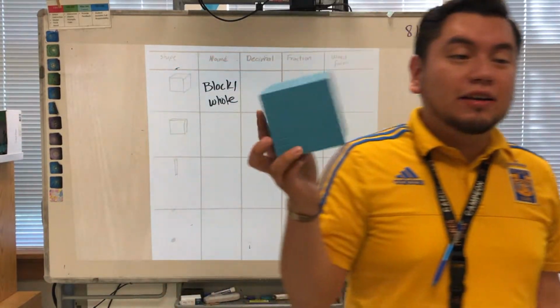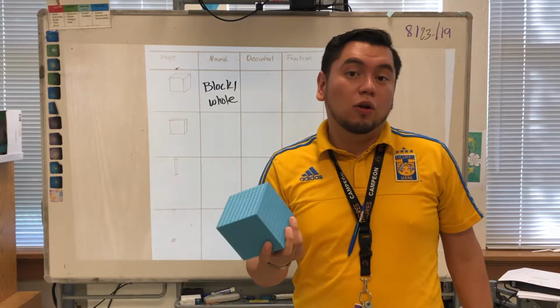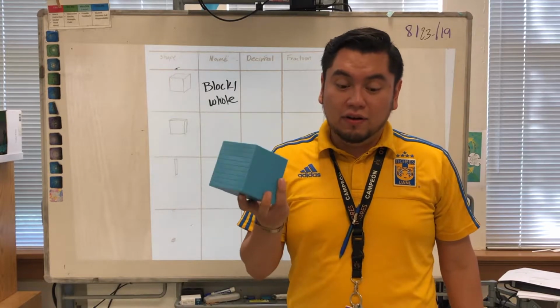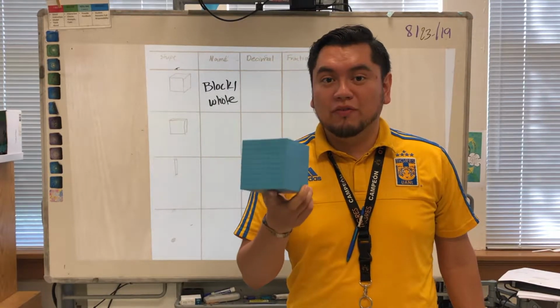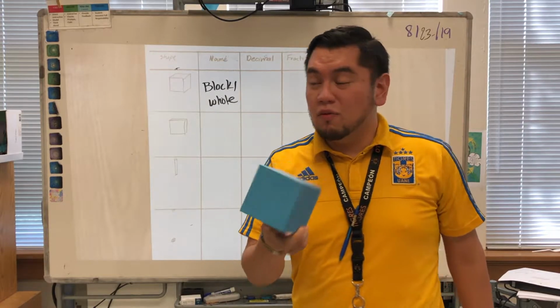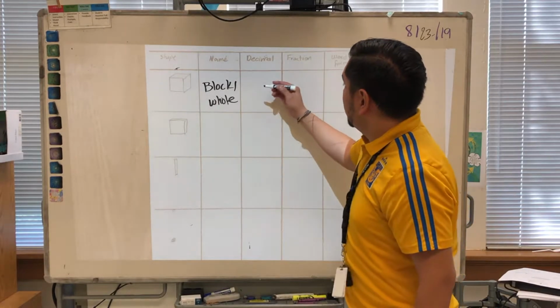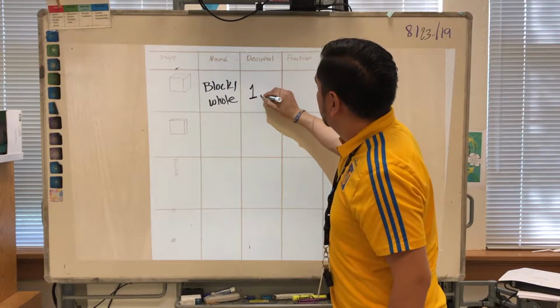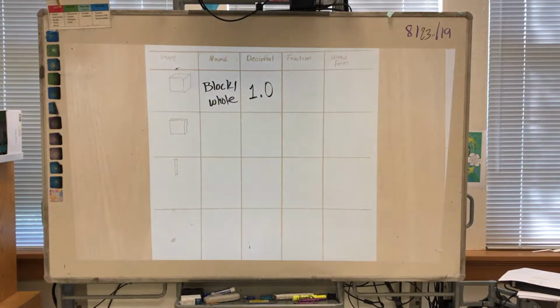Okay, there are not any missing pieces. It's one complete whole. If I have 2 of these, I'm gonna have, you guessed it, 2 wholes. But for now, this is gonna be 1. Okay, and the number is gonna be 1 and 0/10. We don't say point. We're gonna say 1.